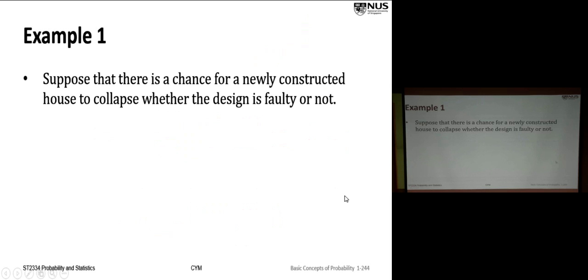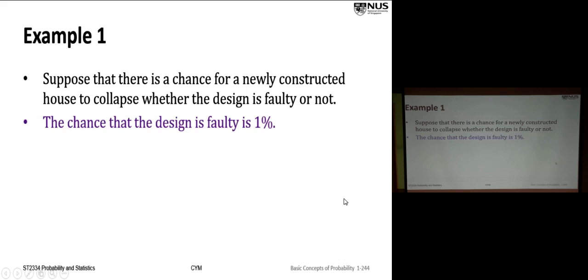All right, here's an example. A newly constructed house collapses, whether the design has a fault or not. Anything can happen. So when you have a house, there's a chance that it will collapse.